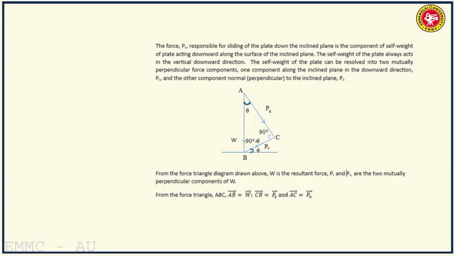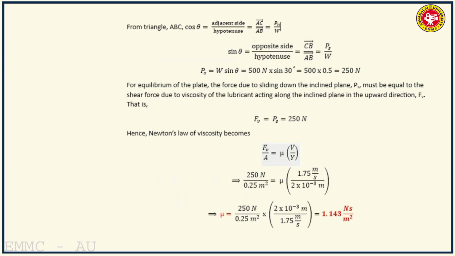Then the force responsible for sliding of the plate down the inclined plane is the component of self weight of plate acting downward along the surface. So, we can use this right angle triangle and find out the component of the weight of the plate that is responsible for the movement down the plane. So, 250 newtons is the component, that is W sine theta.